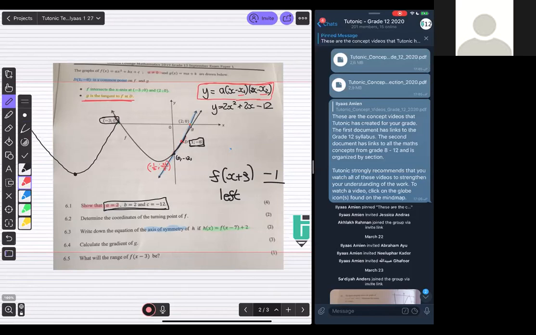A vertical line. And what is the equation of a vertical line? We spoke about this previously. y equals 0? No. y equals 0 is a horizontal line, that's the x-axis. So a vertical line is x equals something. So what did we say the x value is? Minus half, right?